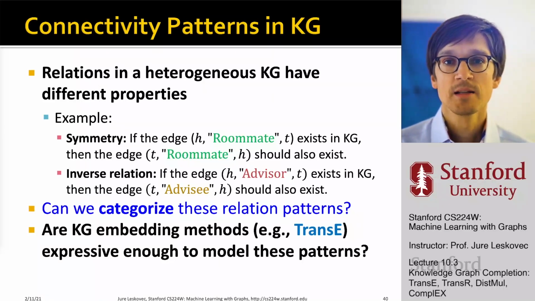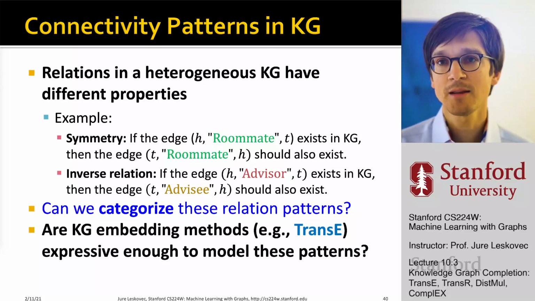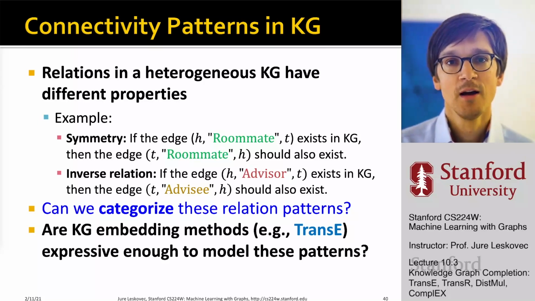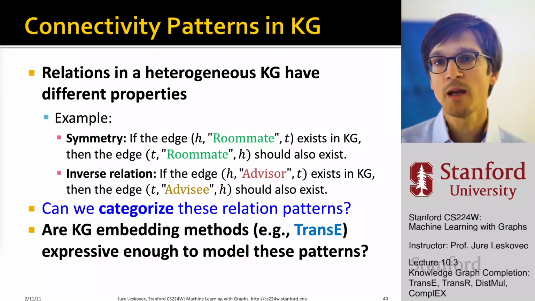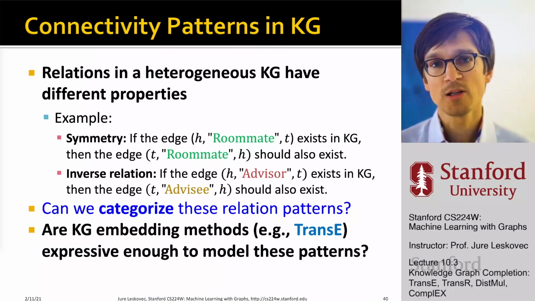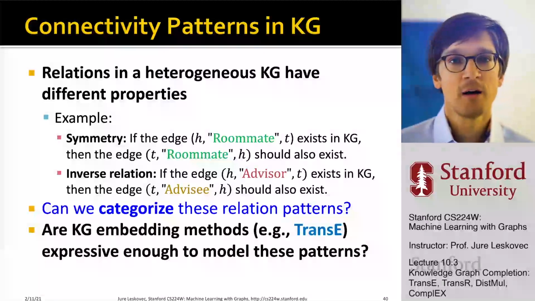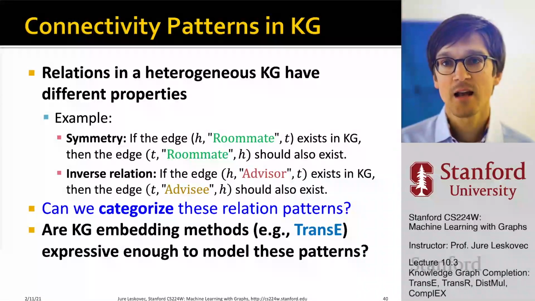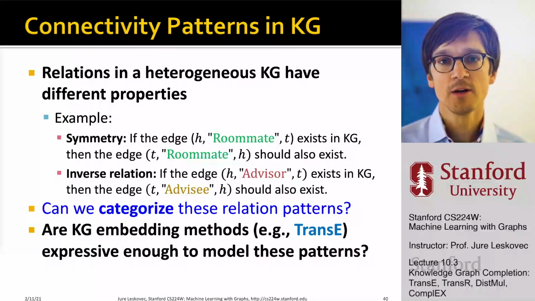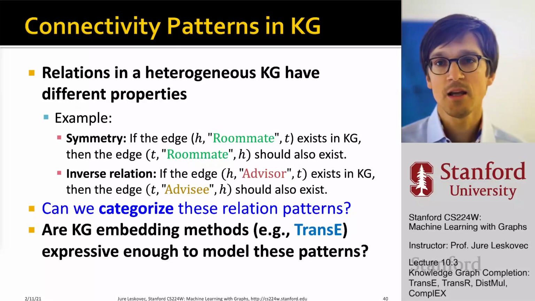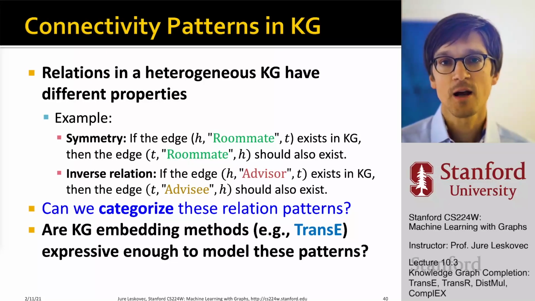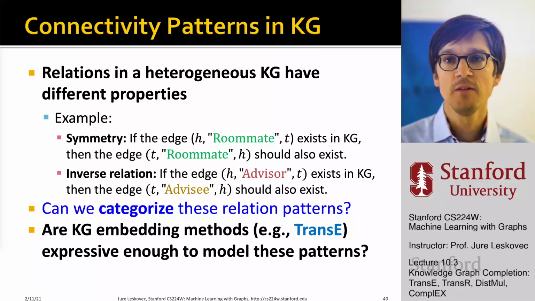For example, some properties might be symmetric or reciprocal, right? If person 1 is a roommate of person 2, then person 2 is also a roommate of person 1, right? It's mutual. Then there might be relations that are called inverse, right? If I am someone's advisor, then that other person is my advisee, right? So advisor and advisee are inverse relations.